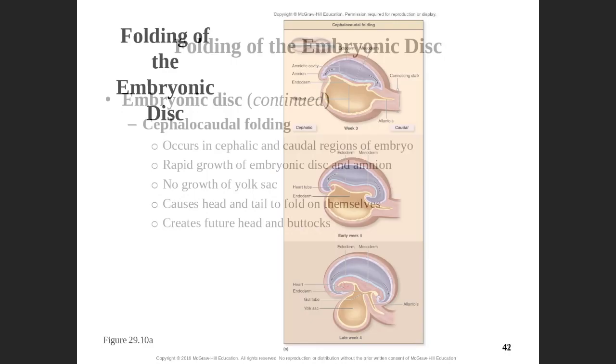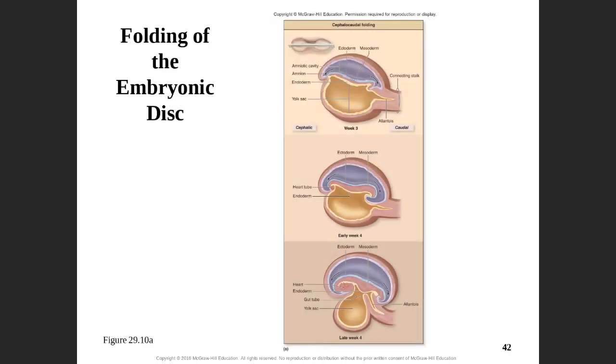In our pictures, here's our disc, and now we're going to fold from our head down towards our rear end. You can see how the ends are starting to fold forward. This occurs from week 3 into parts of week 4.